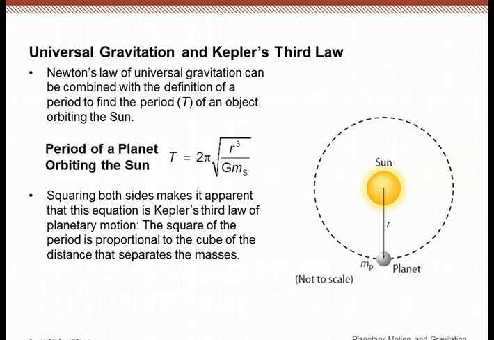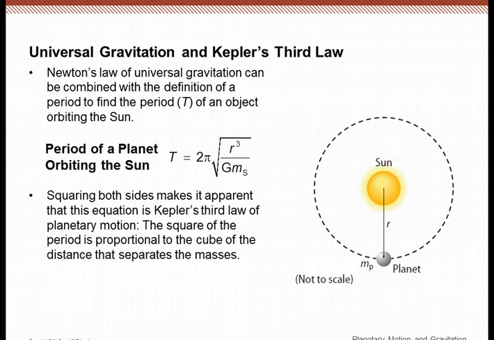So if we take Newton's laws and Kepler's laws and we put them together, we get this really nice simplification. And I know looking at it, you might not think that it's a nice simplification, but in fact it is, in that we can look at the period of a planet orbiting the sun.